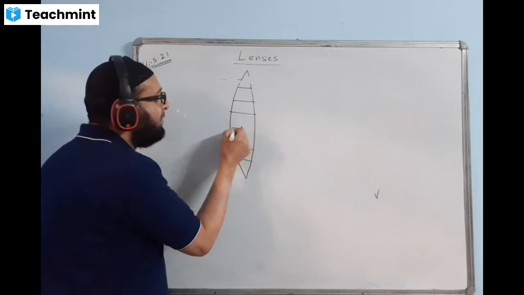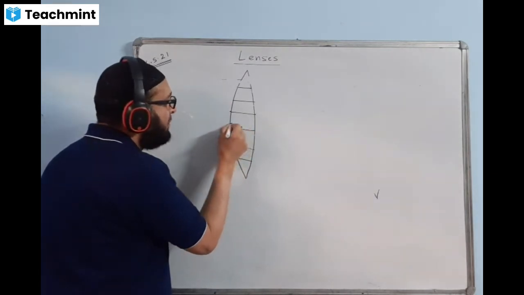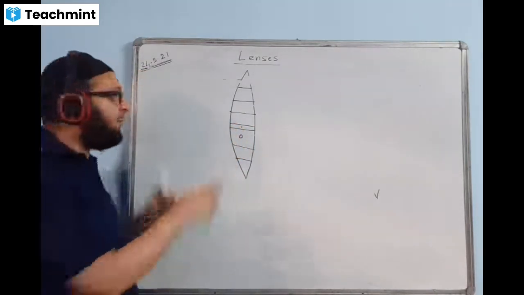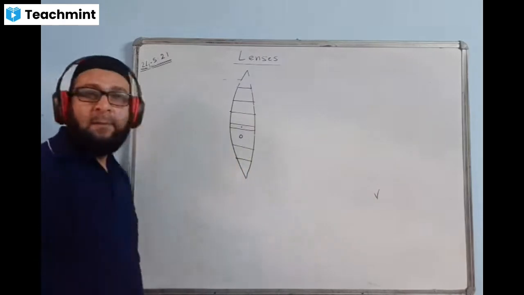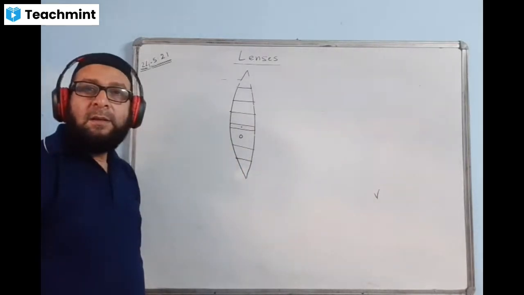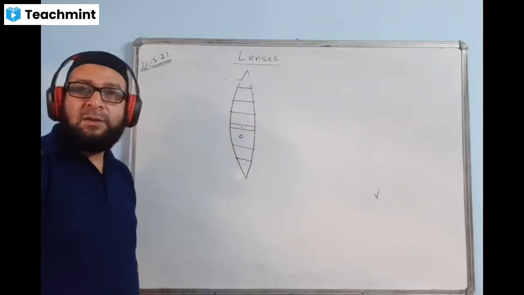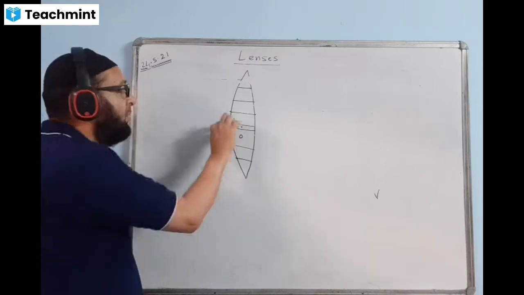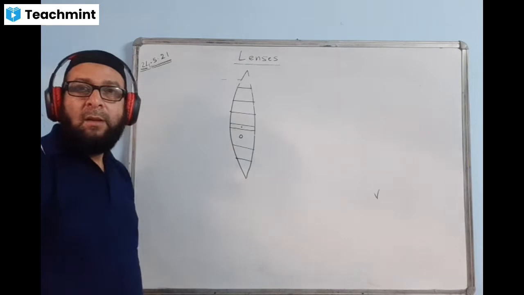But the central portion of the lens behaves as a rectangular glass block. This is looking like a rectangle. The central portion of a lens behaves as a very thin rectangular glass block.